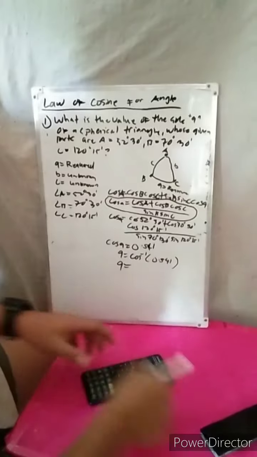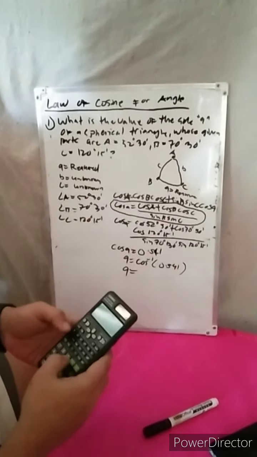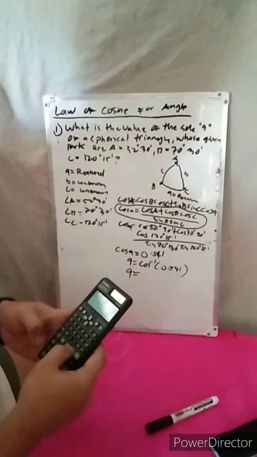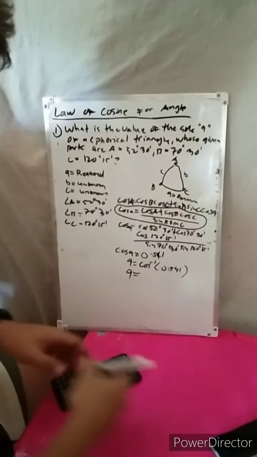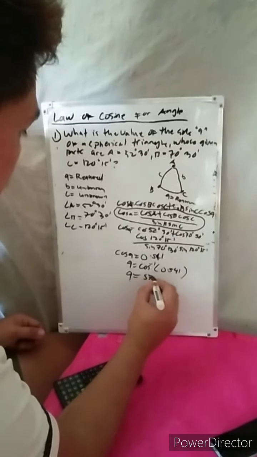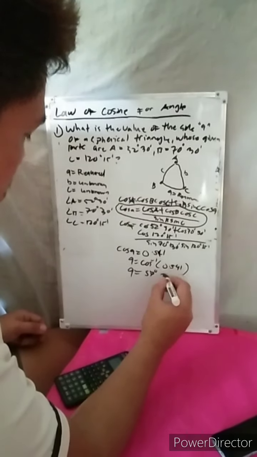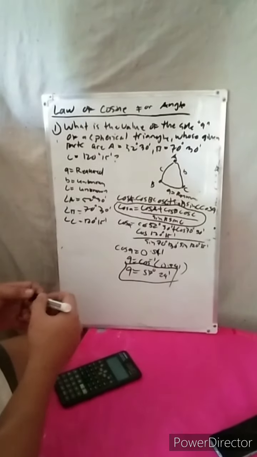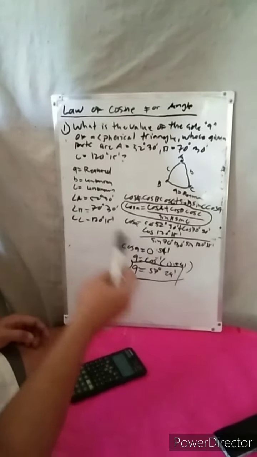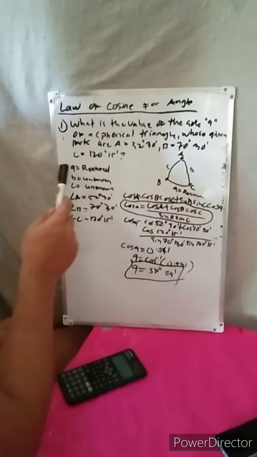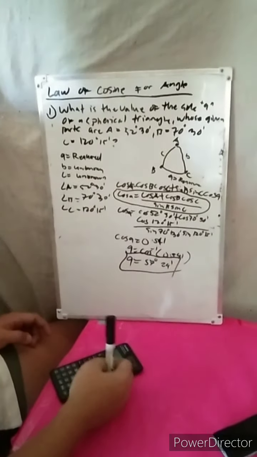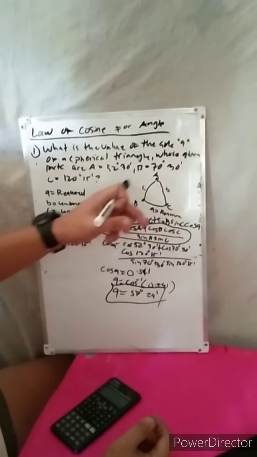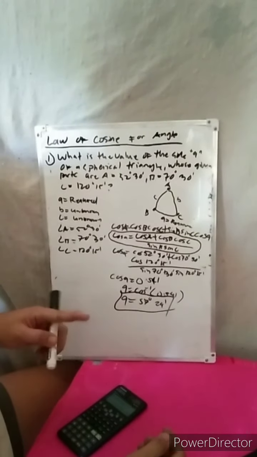Side A equals shift cosine 0.5041, so we have 57 degrees and 24 minutes. So this is our side A. We solved for side A, which was being asked. So using the cosine for angle, we can find the side of a spherical triangle.